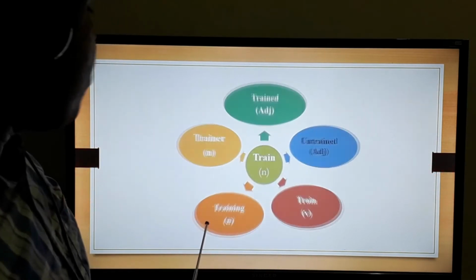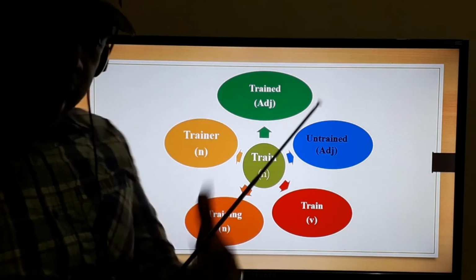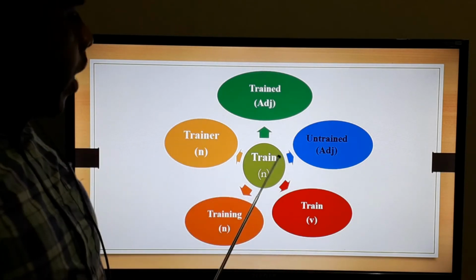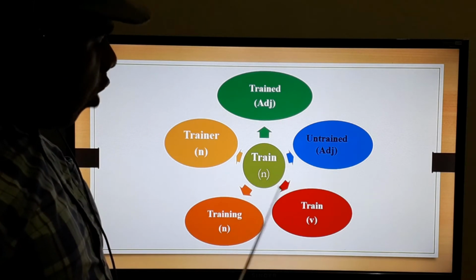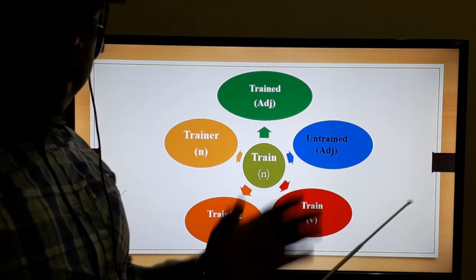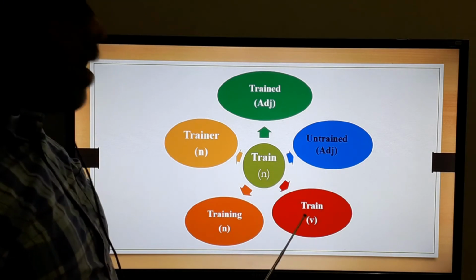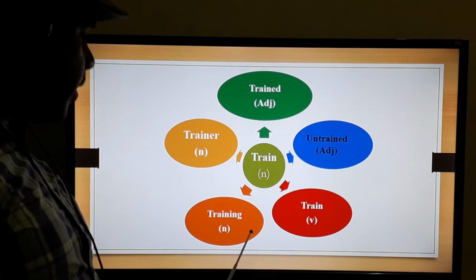Now we have another word, that is train. Dear students, when you remember the word train, you may think of the railway train. So when we mean a train, that is in noun form. But when I say train, to train something, to teach someone, that works as a verb. Then I can say training, that also works as a noun.